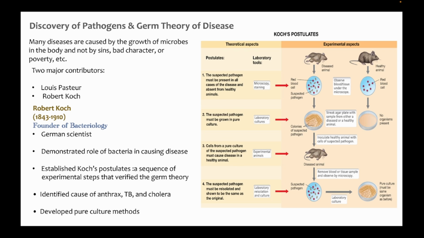So they inoculate the bacteria into a healthy animal, and the animal must show the same symptoms of the disease. And then the final step is you must be able to re-isolate the pathogen. Only when you fulfill Koch's postulates can you say that this bacteria causes this disease. So these are important steps.